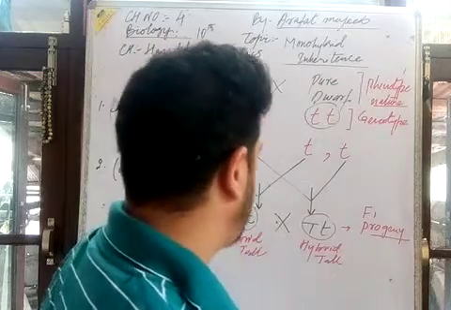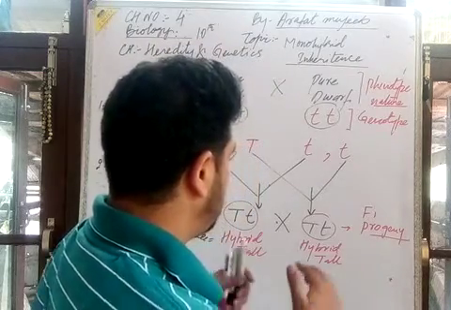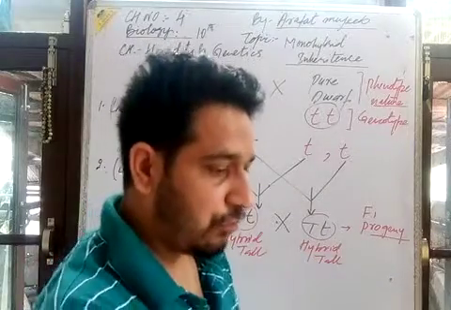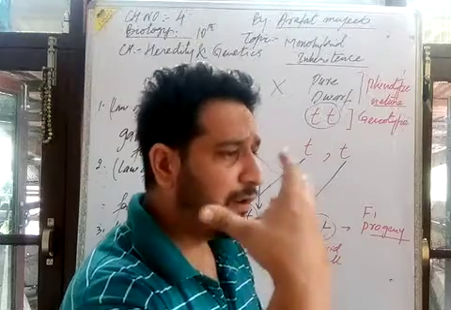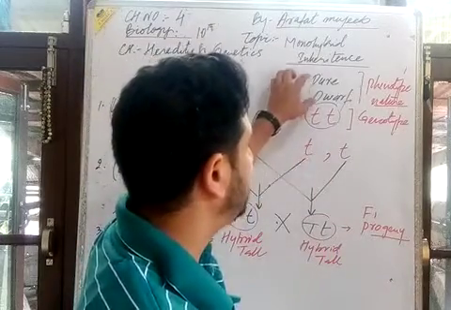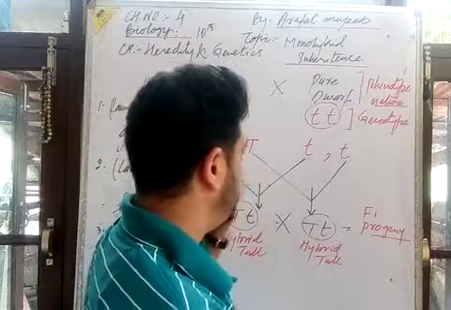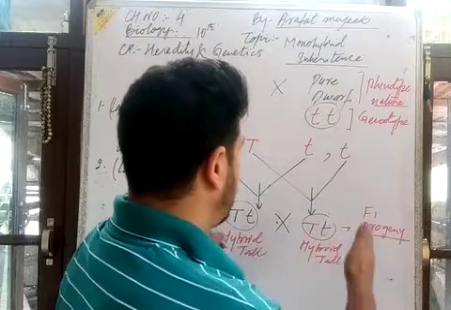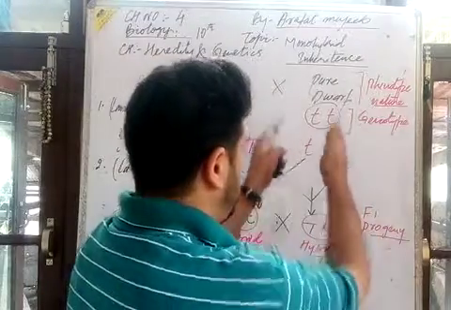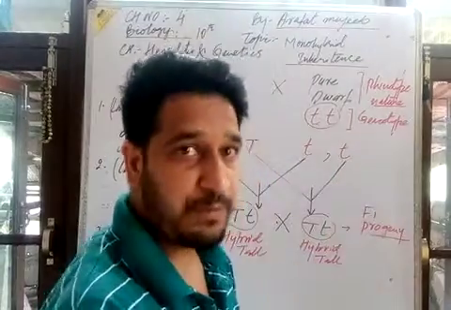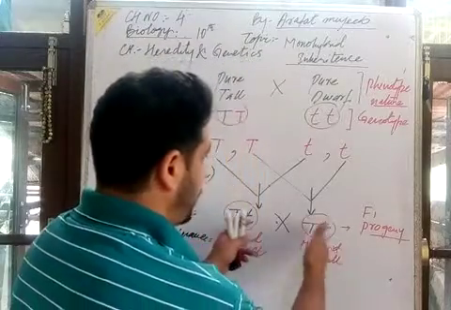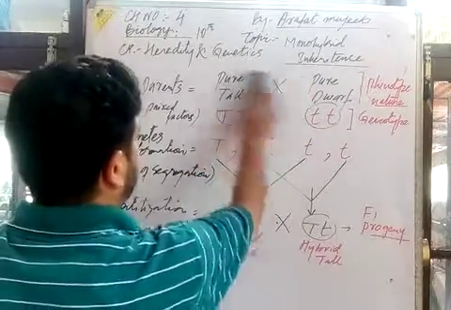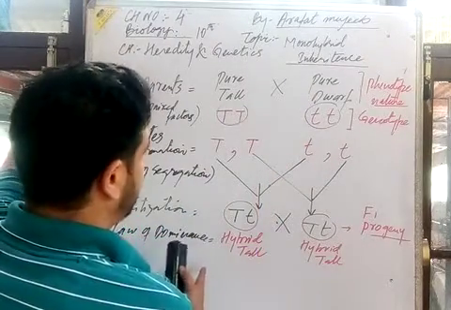This was amazing for Mendel: how was it possible that again there is a formation of the dwarfness character? It came back. He saw intermediate and hybrid tall, and when he made the cross he got hybrid tall, pure tall, and he got the pure dwarf recessive character back when he made a cross between the F1 progeny. I will erase this part. Remember this much.